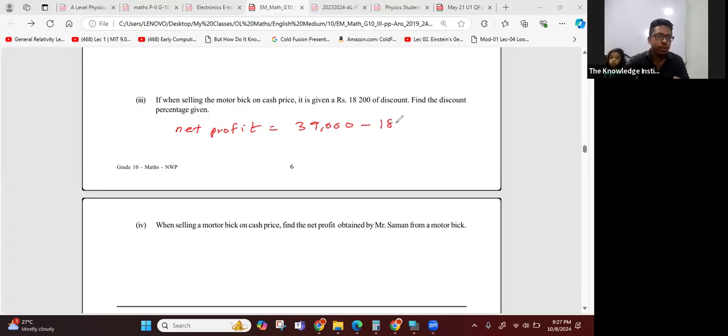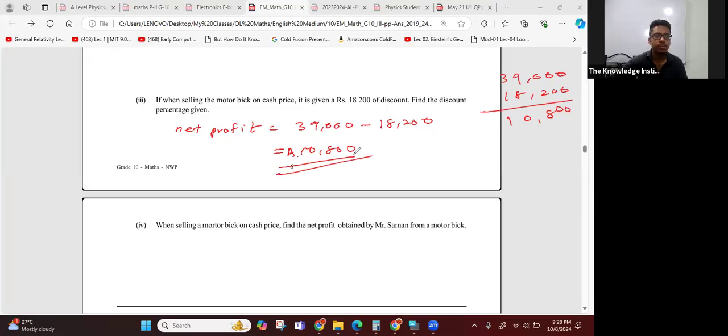So that one we have to subtract. So 39,000 minus 18,200. 0 minus 0, 0, 0, 10 minus 2, 8. Here 8 minus 8 can't, take 1, 18 minus 8, 10. 2 minus 1, 1. 20,800. So 20,800 is the net profit.